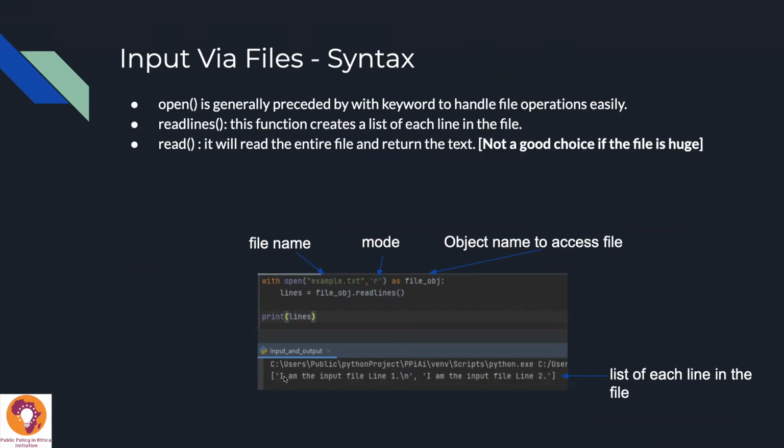All we have in our file is I am the input file line 1 and I am the input file line 2. But what readlines does is it takes those lines and separates them into individual elements. Each line is an individual element in a list, and it returns that list. So that's what readlines does natively. It's not something that we have to explicitly mention to include those square brackets.